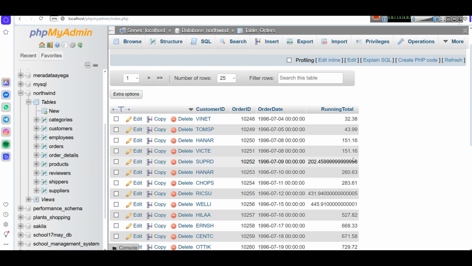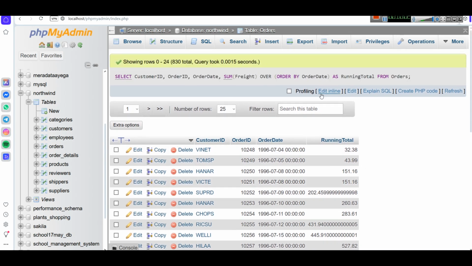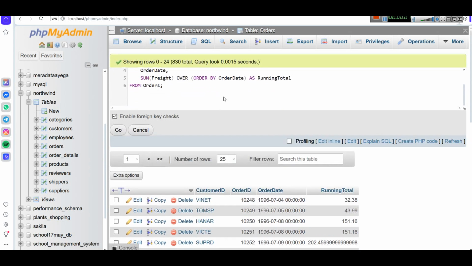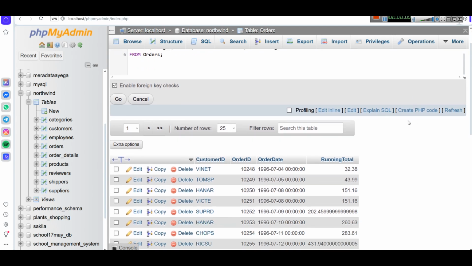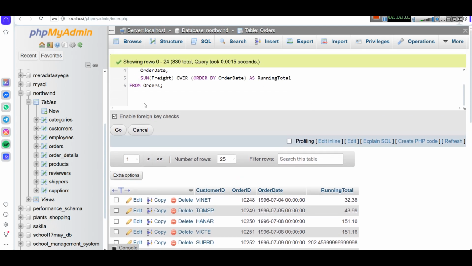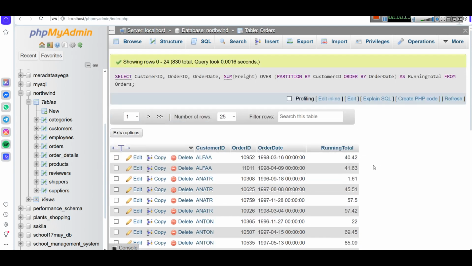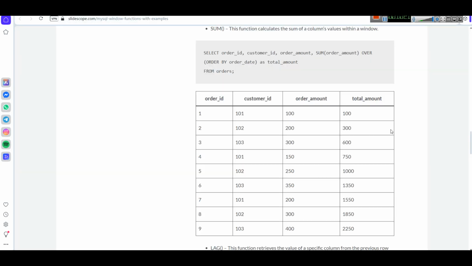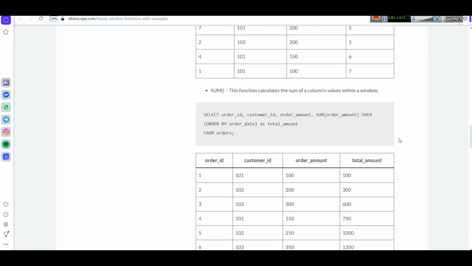So in this case it is different. In this case we are adding freight over order by order date as running total. That's why here we did partition by customer ID. But to understand it in a better way, this is the example.